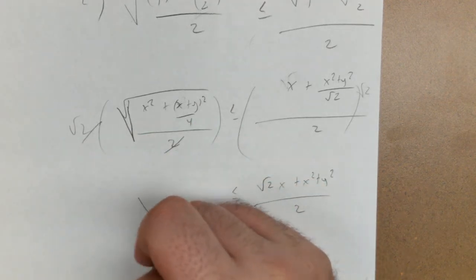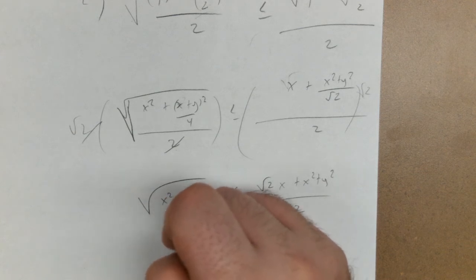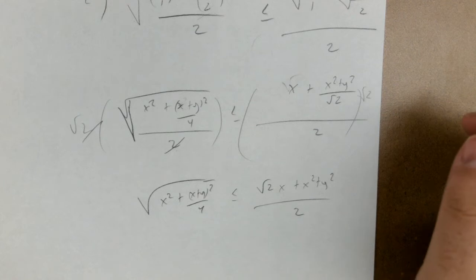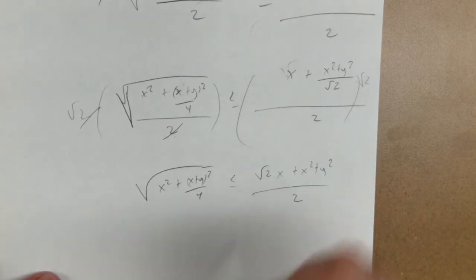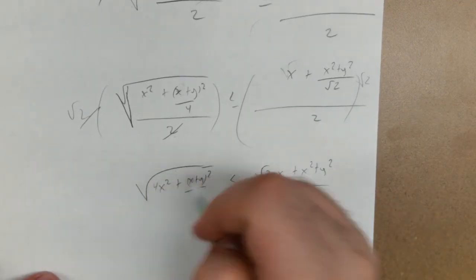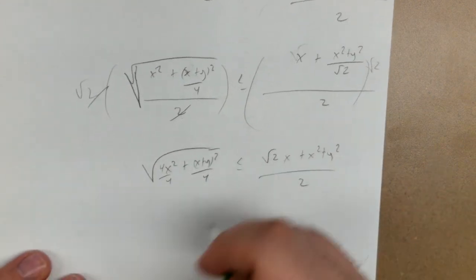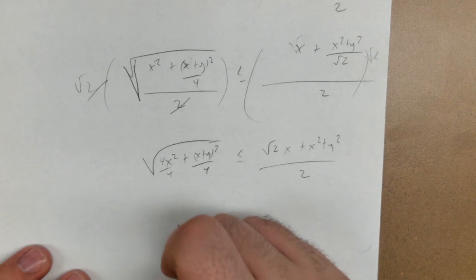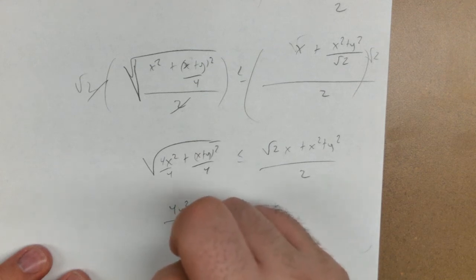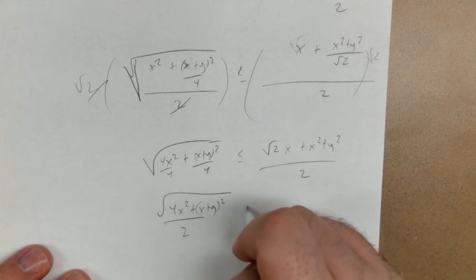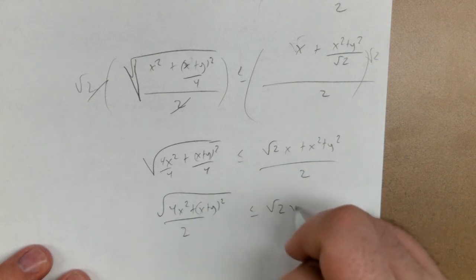Okay, so I have the square root of x squared and then (x plus y) quantity squared and a 4 inside. Let's do a common denominator on this side. That's 4x squared over 4. And if I combine all that on that side, that's a 2 really on the bottom when you root it. 4x squared, this quantity squared, square root. And now I should be able to get rid of the 2's.